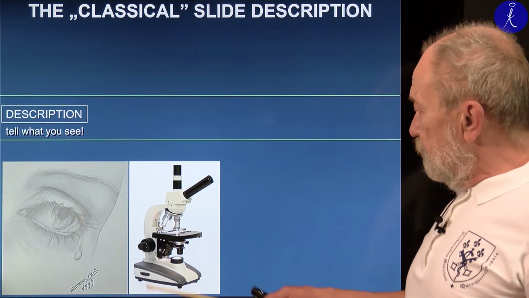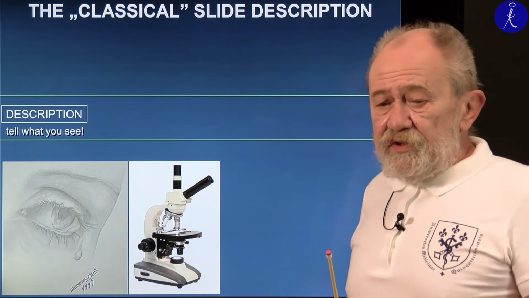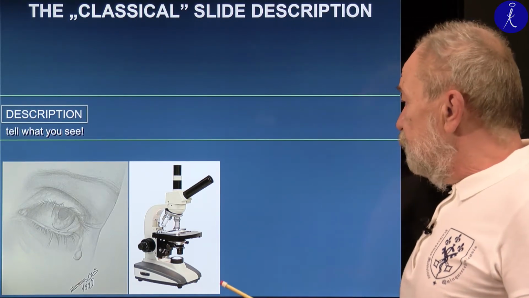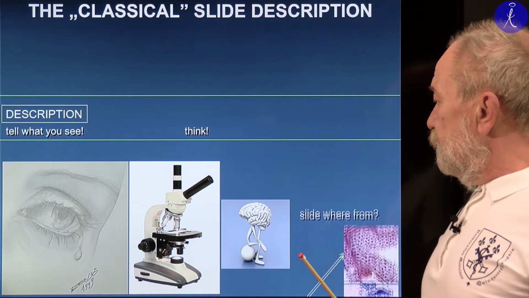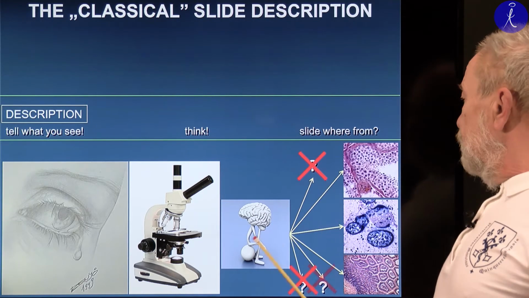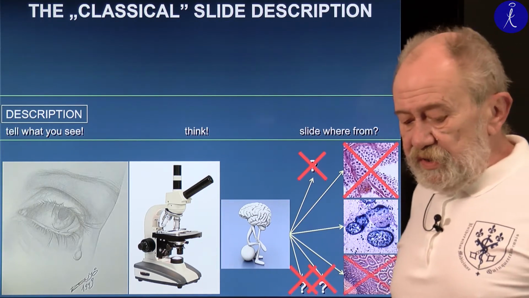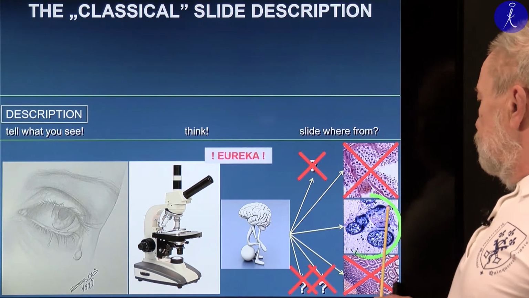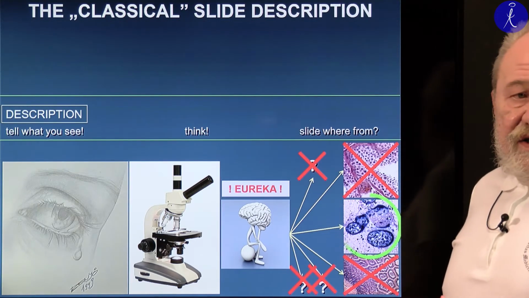For that, it is quite nice to use the microscope, because with naked eyes you cannot really guess what the slide should be. Then you start thinking, and gradually you exclude most of the slides. Finally, you are happy because there is only one chance remaining, and you say, "Eureka!